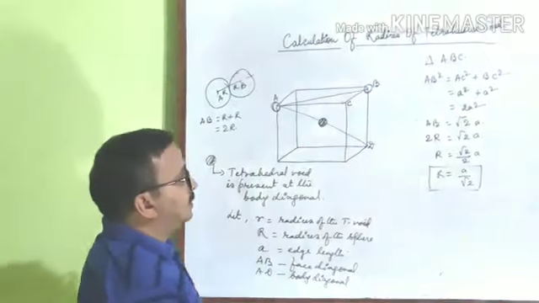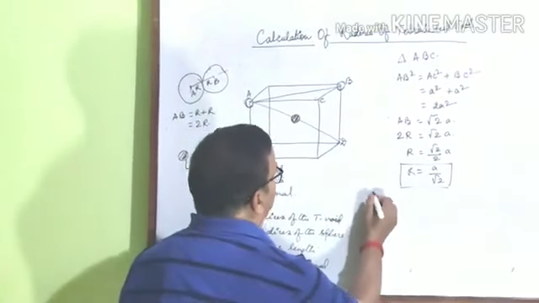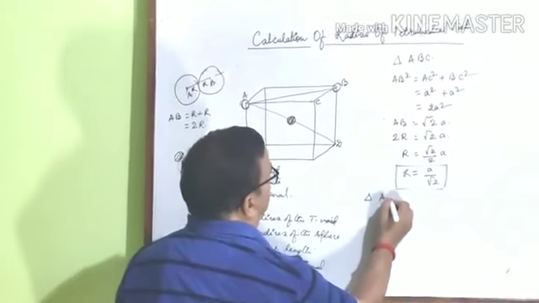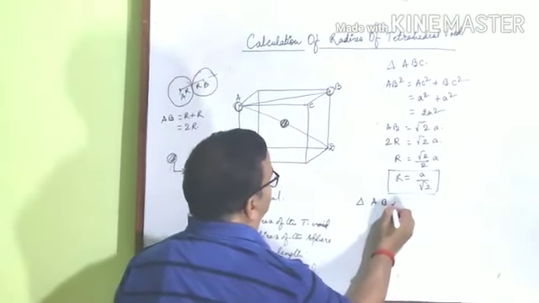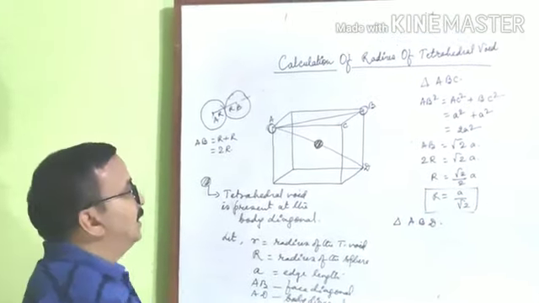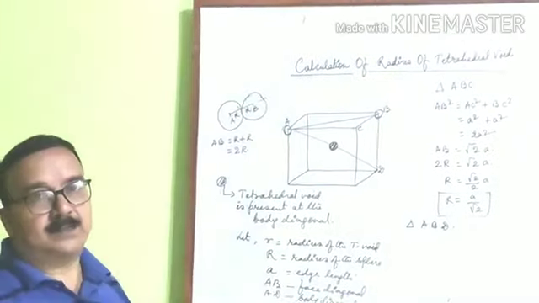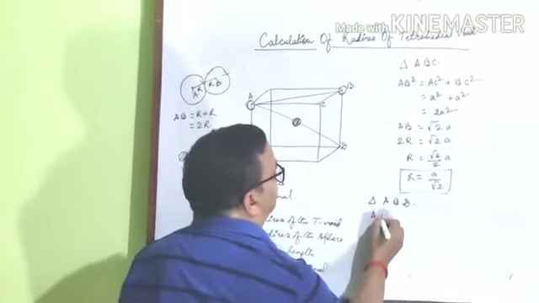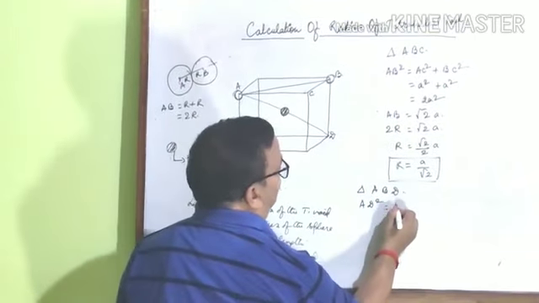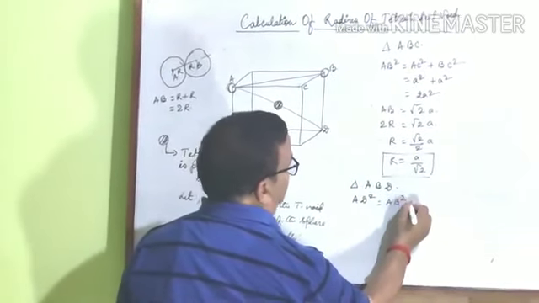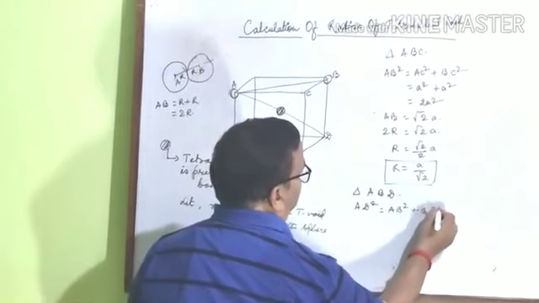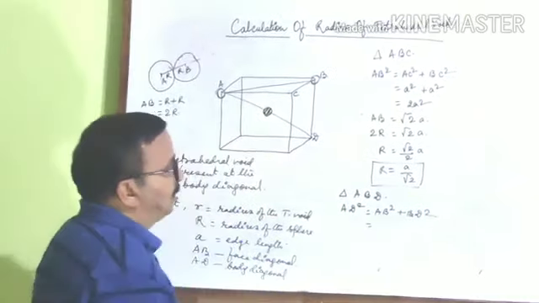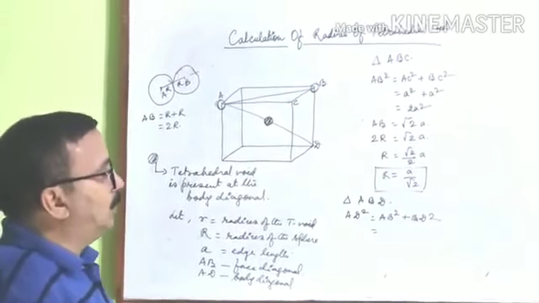Now again let us consider triangle ABD. In triangle ABD, which is a right angle triangle, AD square will be equal to AB square plus BD square. Now AB is equal to how much?